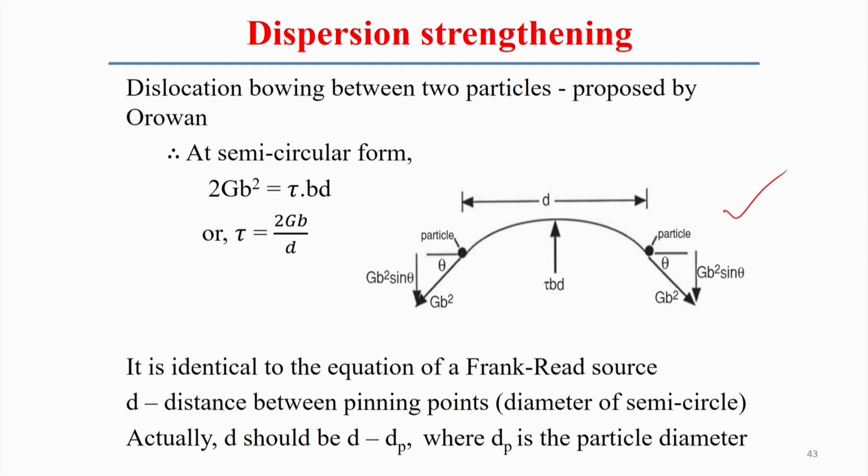Now if we look at this figure, the dislocation energy per unit length is represented by this amount, Gb².